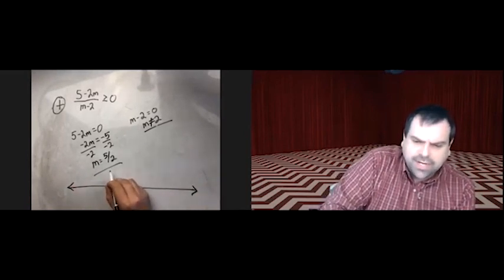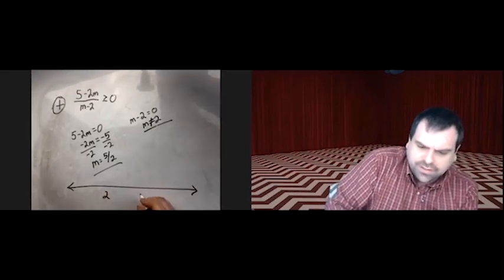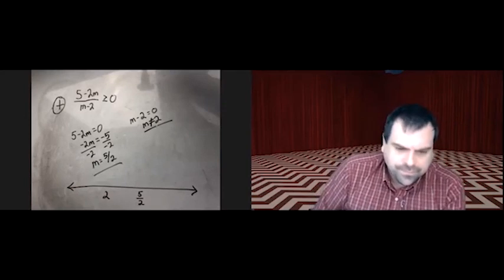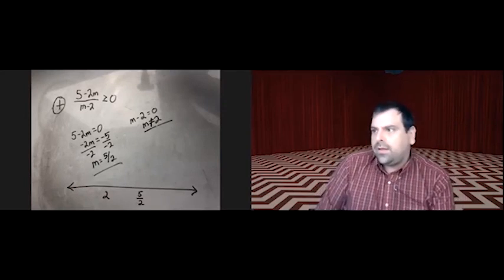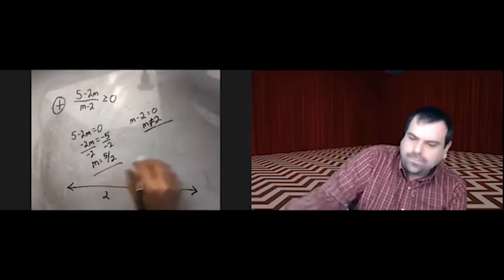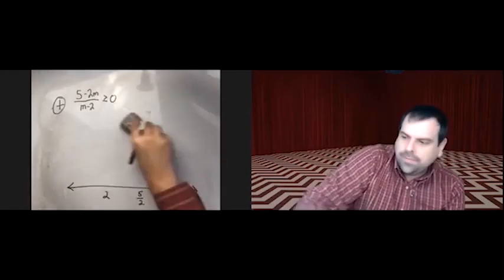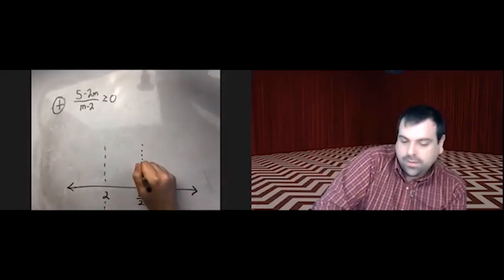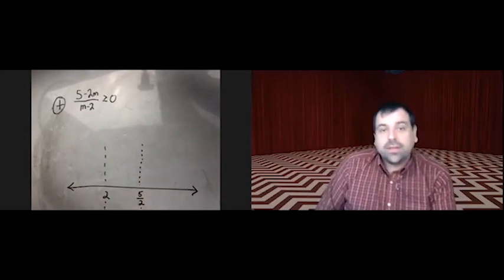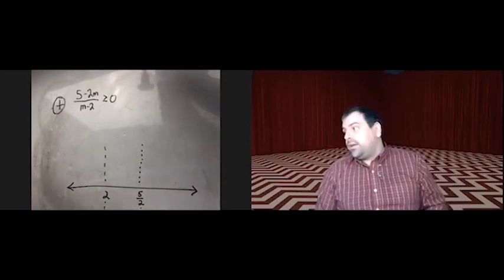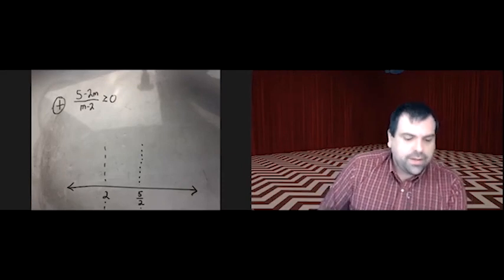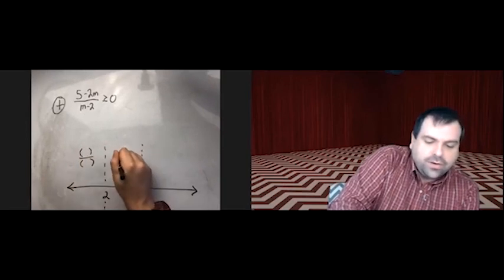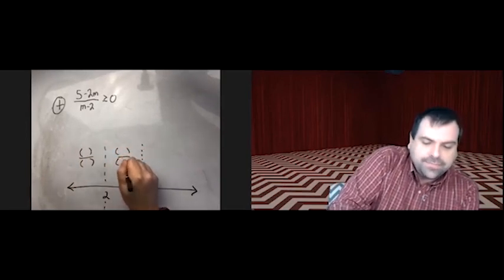5 halves is 2.5, so 2 would come to the left of 5 halves. This divides our number line into 3 sections, each one represented by a numerator over a denominator of 1 factor apiece.